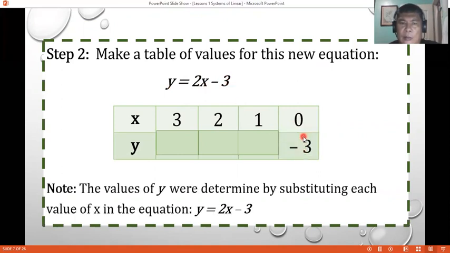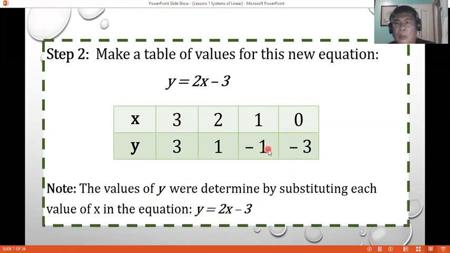When X is 1, 2 times 1 is 2 minus 3, negative 1. When X is 2, 2 times 2 is 4 minus 3 is 1. When X is 3, 2 times 3, 6 minus 3, this is 3. Take note, the value of Y were determined by substituting its value of X in the equation Y equals 2X minus 3 as what we did a while ago.